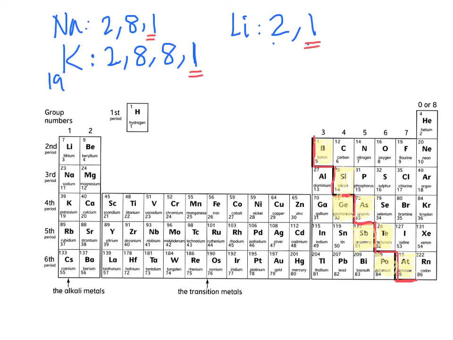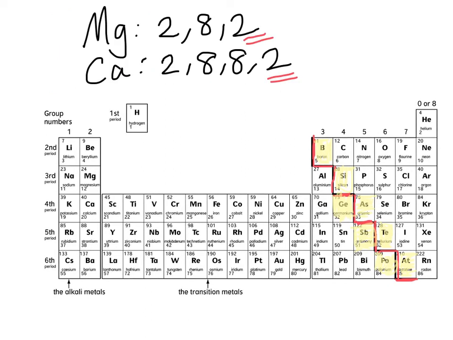So magnesium's electronic arrangement looks like so, 2, 8, 2. And for calcium, which belongs to the same group 2, it's a group 2 metal, it has electronic arrangement 2, 8, 8, 2. As you can easily see, the number of outer shell electrons is 2 in each case, as they belong to group 2, and that is why they are placed in group 2, because their chemical properties are very similar, and that depends on their outer shell electrons.